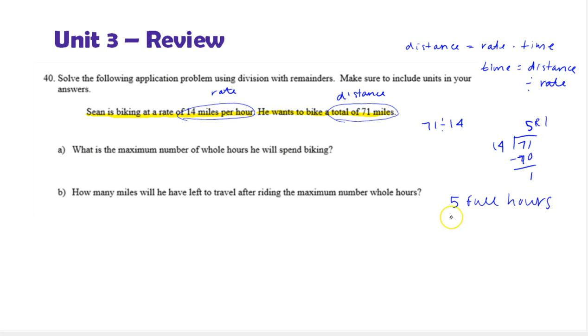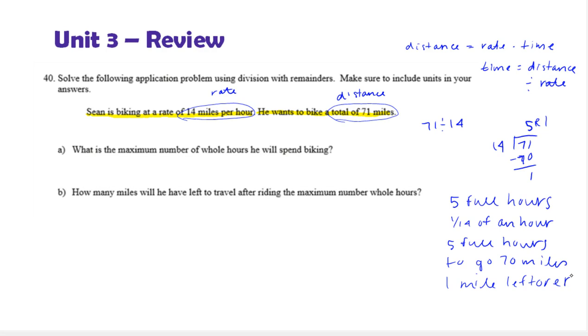Well, it could be 1/14 of an hour, but we're not dealing with fractions yet, so the 1 left over was from the 71, and that was miles. So he would have 5 full hours to go 70 miles. So that's what this was, and then there'd be 1 mile left over.